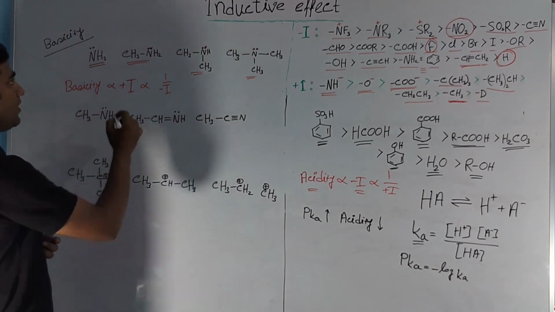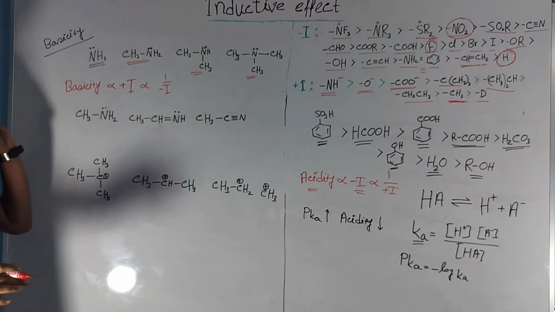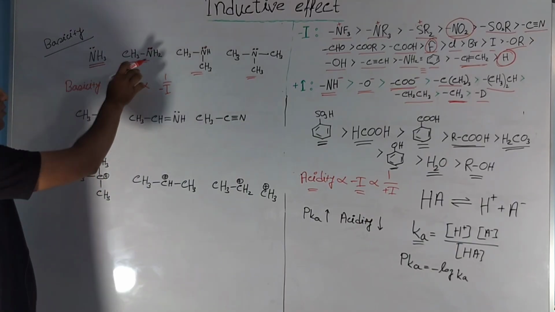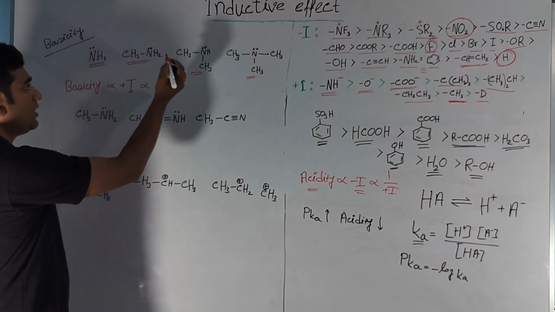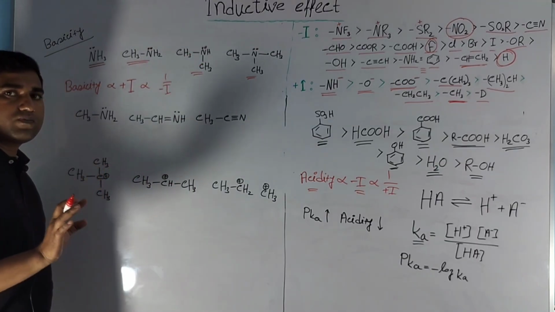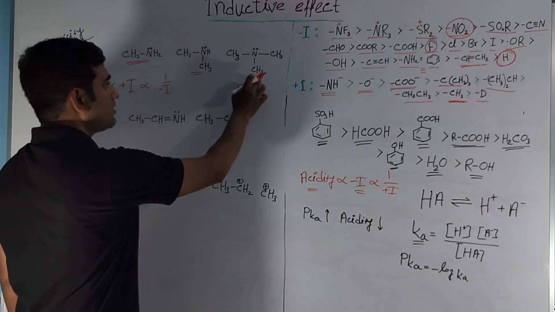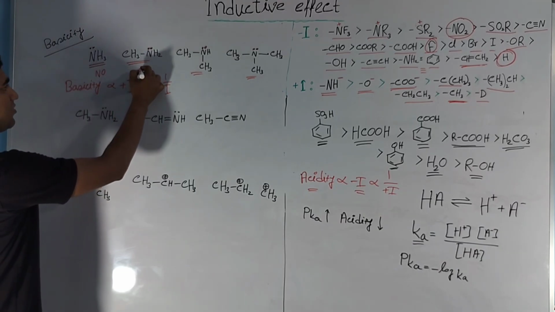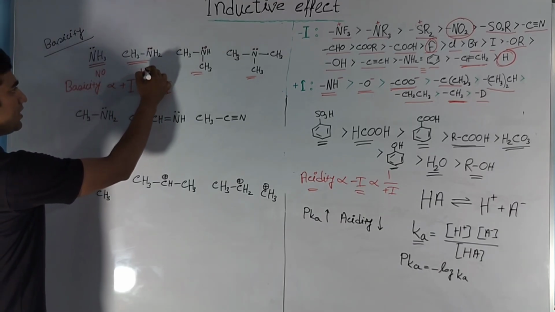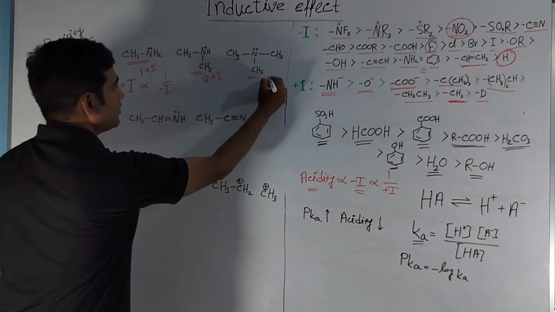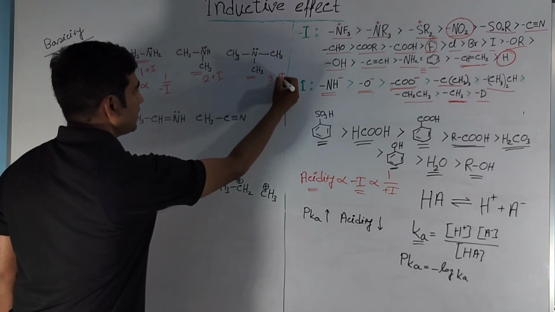Here no electron donating group is there, here one electron donating group is there, here two electron donating methyl groups, which means 2 plus I, here 3 plus I. So no plus I, 1 plus I, 2 plus I, 3 plus I.